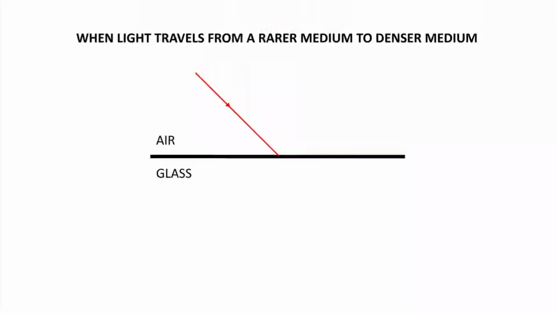So here again, a portion of the light will be reflected into air itself, and the portion of the light which is supposed to move in this direction will get refracted, and it will move towards the normal.